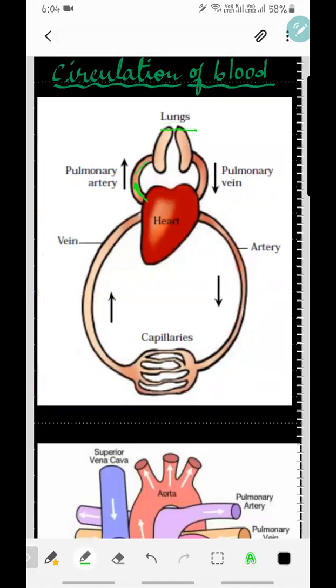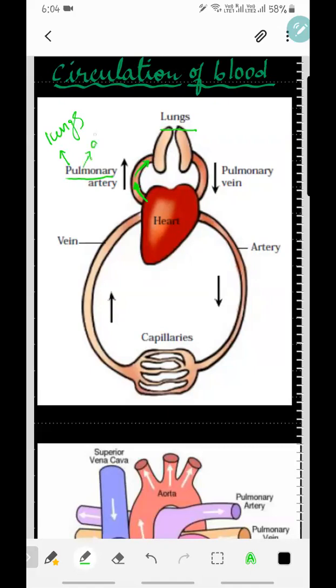It means pulmonary artery carries, pulmonary means lungs. The meaning of pulmonary is lungs. Other name, hepatic for liver. Okay. So from heart, pulmonary artery carries deoxygenated blood.